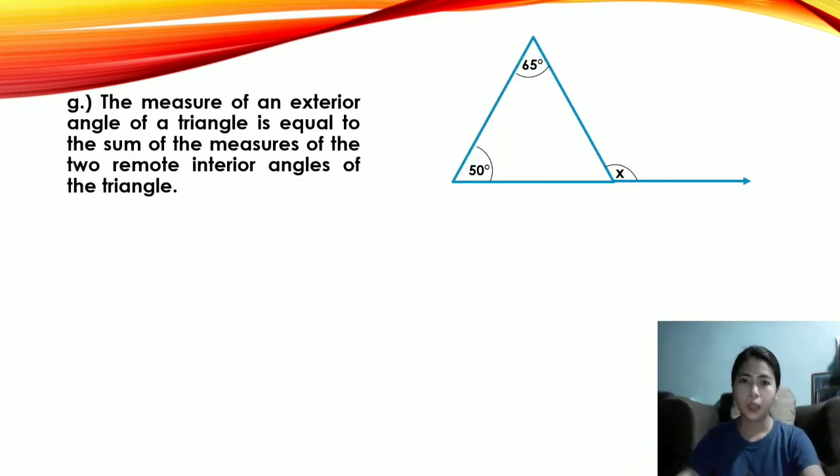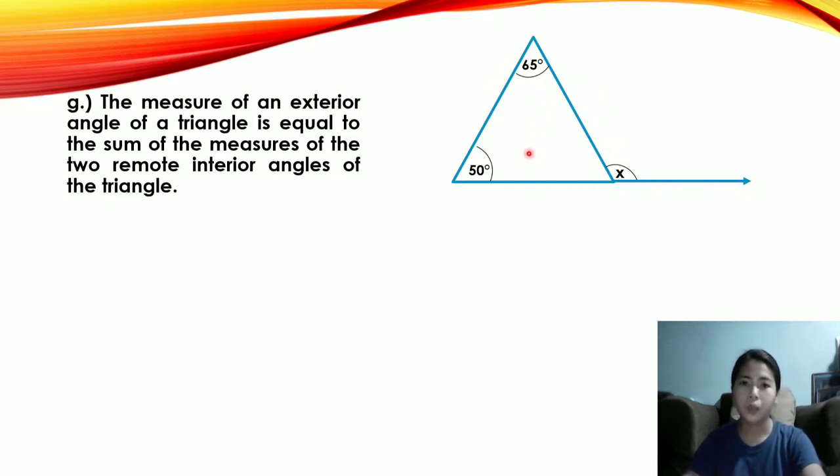Then we have the exterior angle theorem. So the measure of an exterior angle of a triangle is equal to the sum of the measures of the two remote interior angles of the triangle. So let's say we have a triangle and also the exterior angle.